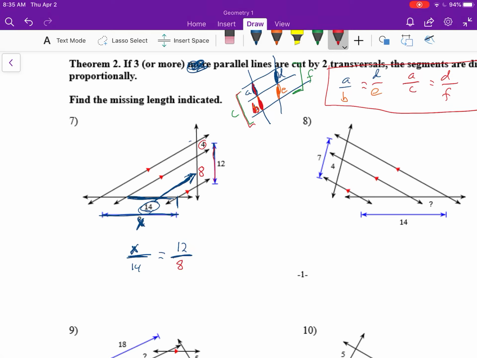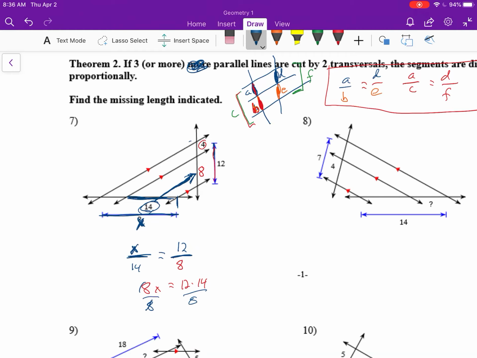And so we can now put that in there, and we can cross multiply. 8x equals 12 times 14. Again, I don't have a calculator, so I'm not multiplying that. Then I'm going to divide by 8. You could multiply it if you have a calculator, or you can figure it out without one. I believe it's 168.